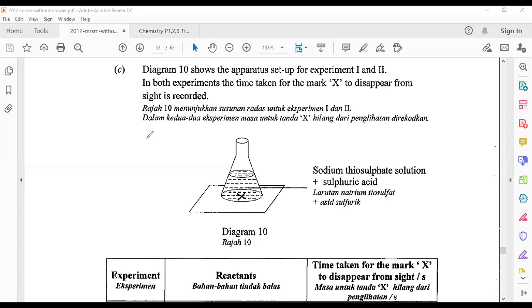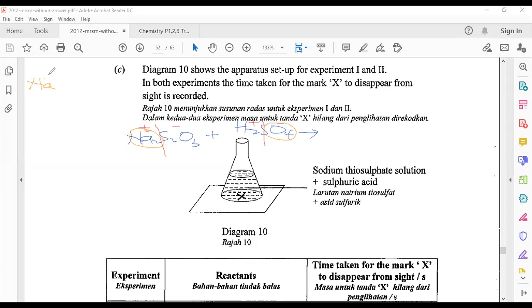The sodium thiosulfate has this formula, and the sulfuric acid is H2SO4. As I always say, you cut in half, positive, negative. So the positive from the front will take the negative from the back.